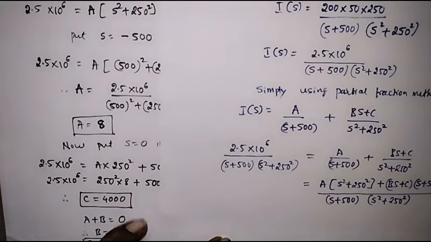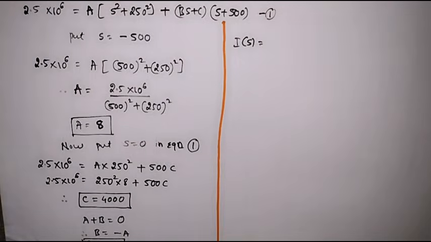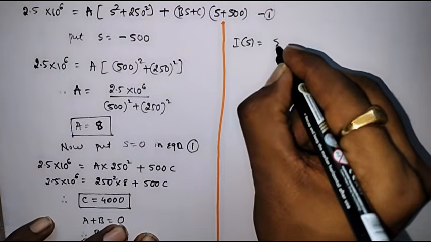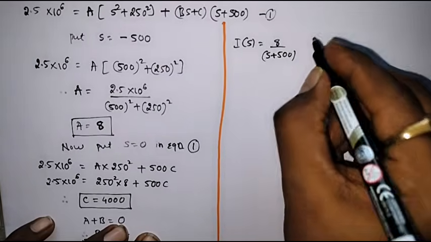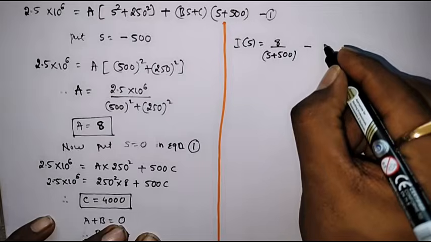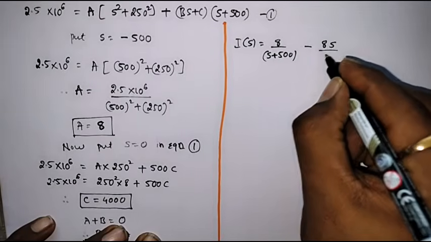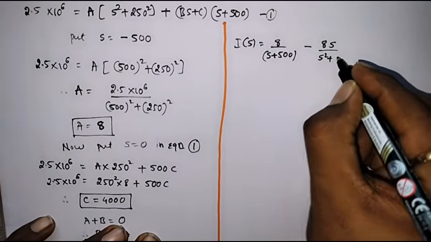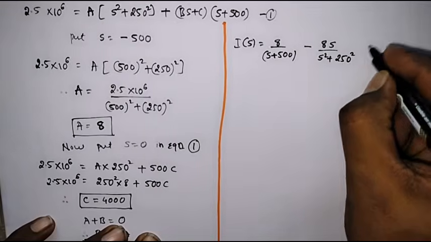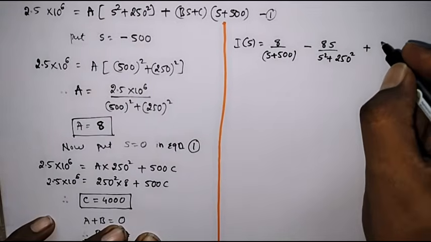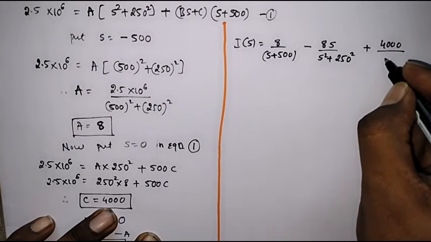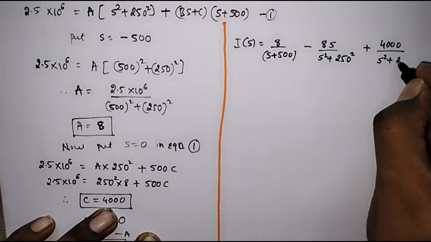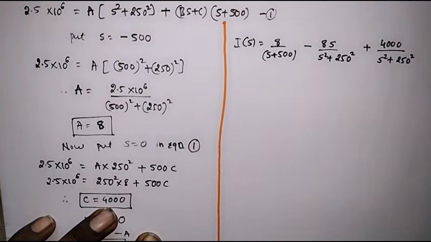I will rewrite I of s as, I of s is equal to 8 divided by s plus 500 minus 8s divided by s square plus 250 square plus 4000 divided by s square plus 250 square.